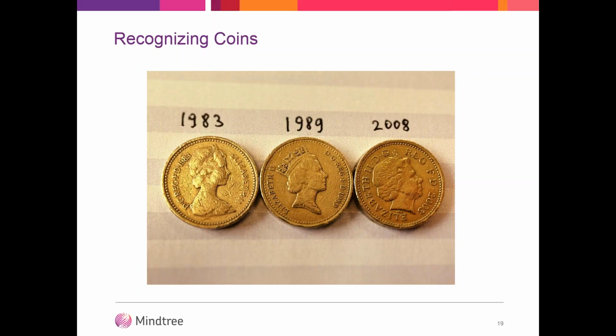And there is a particular story about a new franc that was introduced. And what happened was, even though this coin was very, very different from other coins that existed, most users confused this particular franc with other coins that existed in the past.